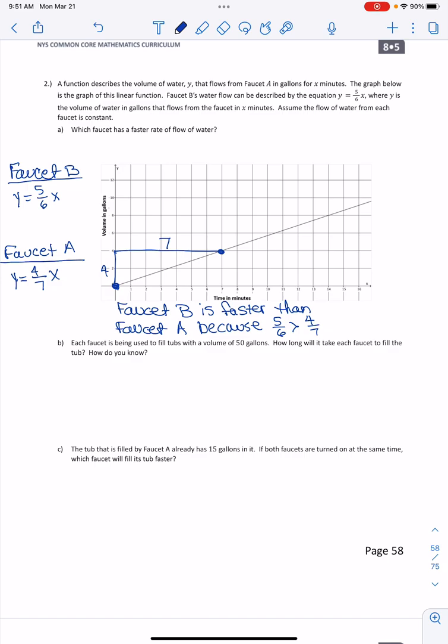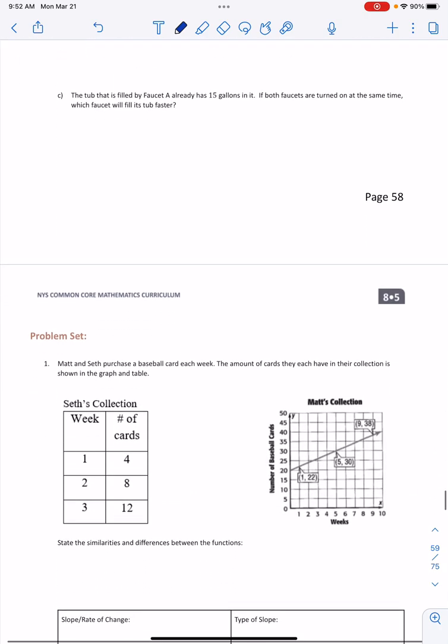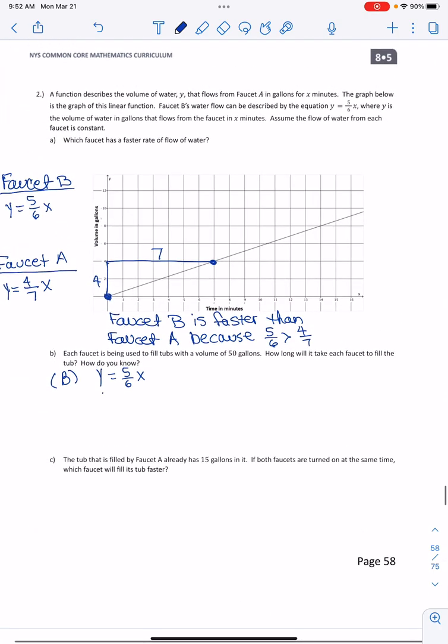Now it says each faucet is being used to fill tubs with a volume of 50 gallons. How long would it take each faucet to fill the tub? How do you know? Well, if we replace that, faucet B is y equals 5/6x, and we put in 50 and solve. We have x is going to equal 60 minutes.